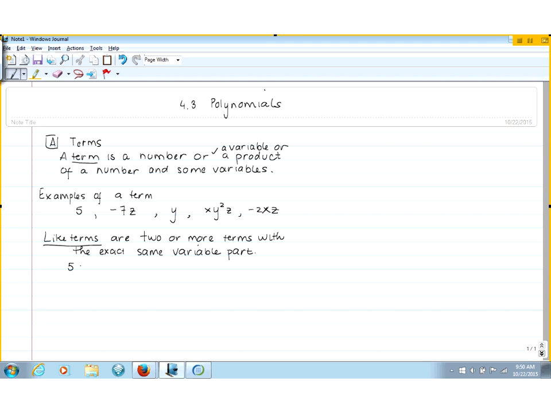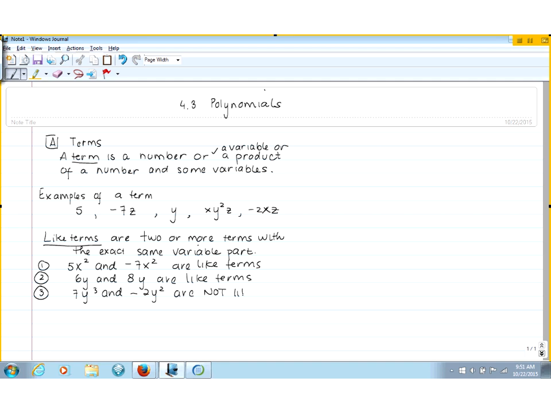So for example, 5x squared and negative 7x squared are like terms. 6y and 8y are like terms. How about 7y cubed and negative 2y squared? Are they like terms? They are not like terms.